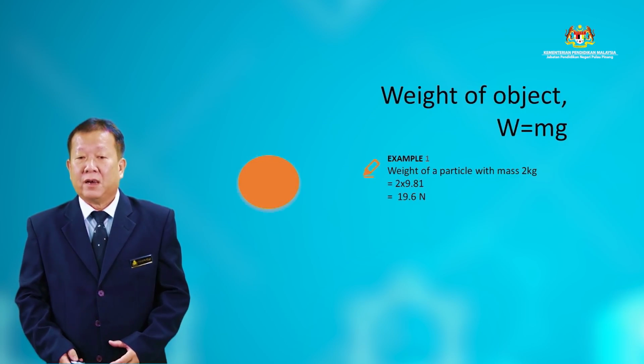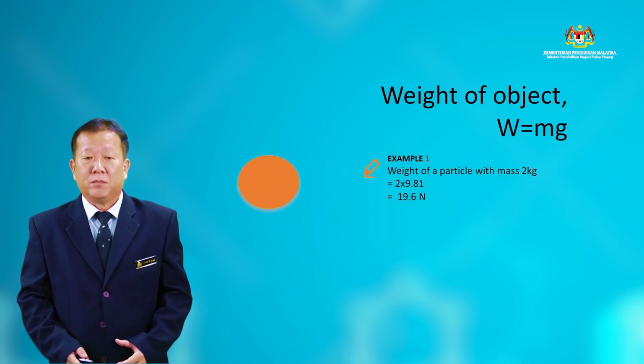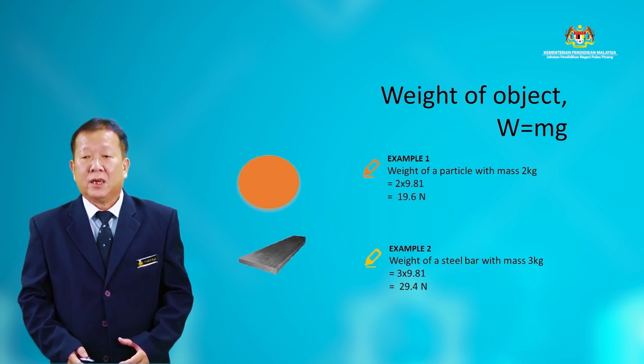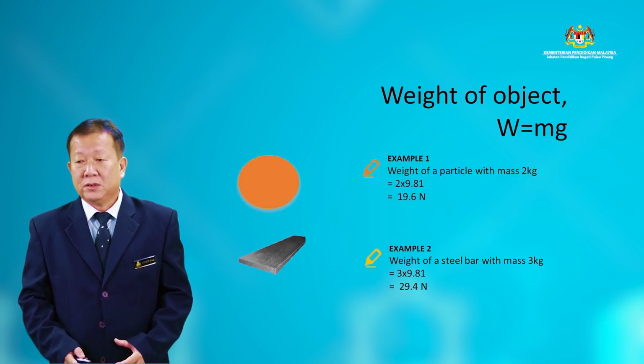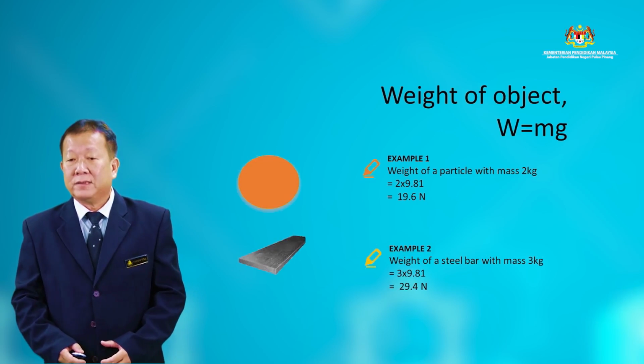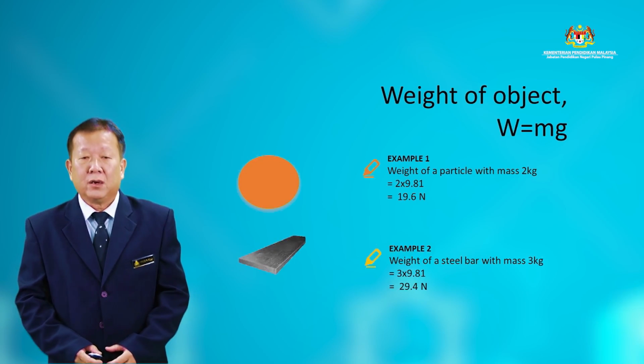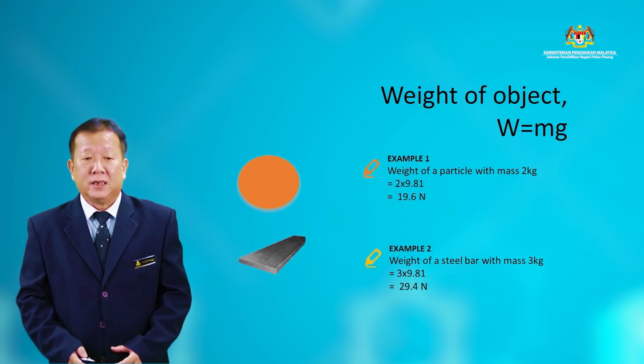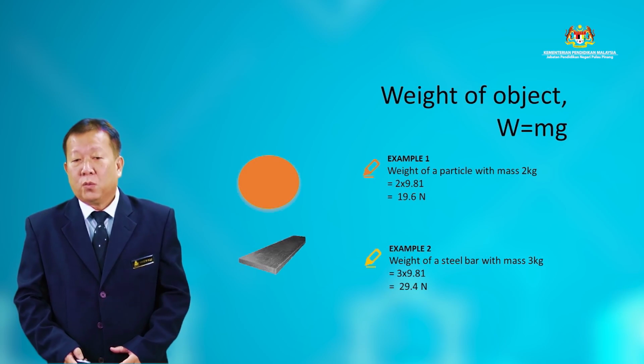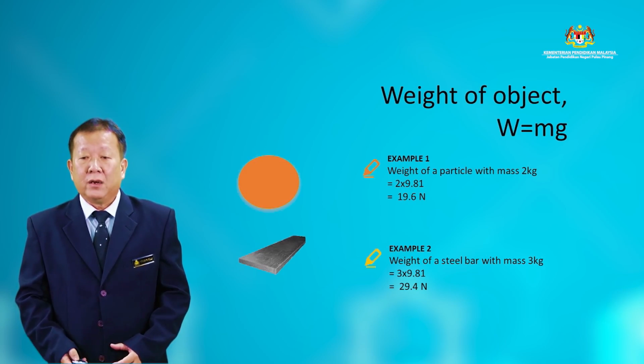All objects have weight, and the weight of objects can be obtained by using the equation W equals mg. For a particle of mass 2 kg, the weight of the particle is 19.6 Newton, while for a steel bar of mass 3 kg, the weight of the steel bar is 29.4 Newton.